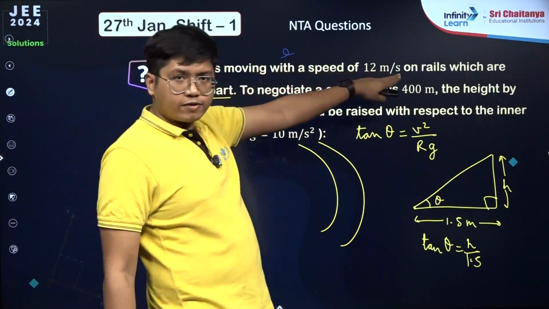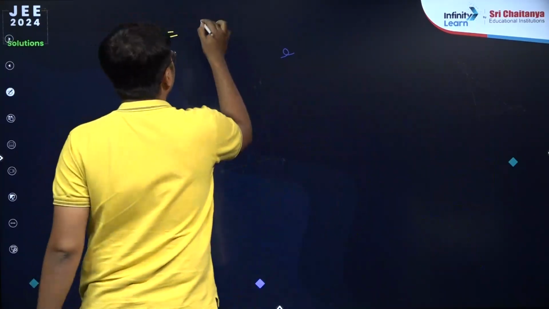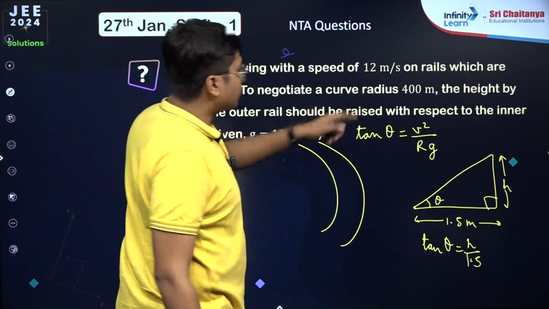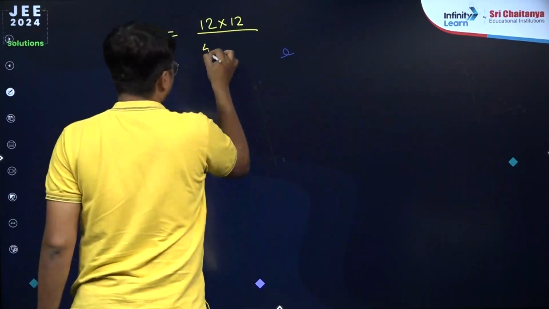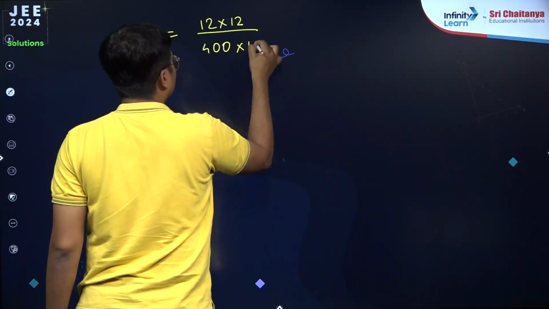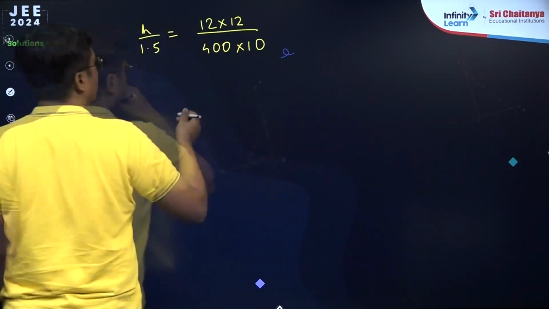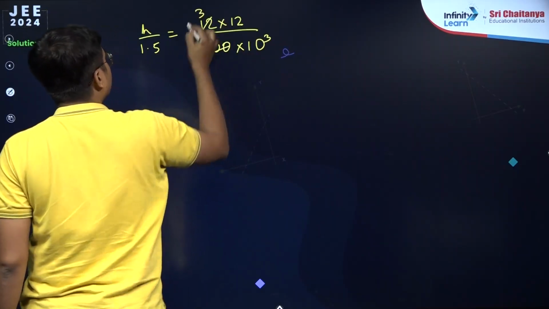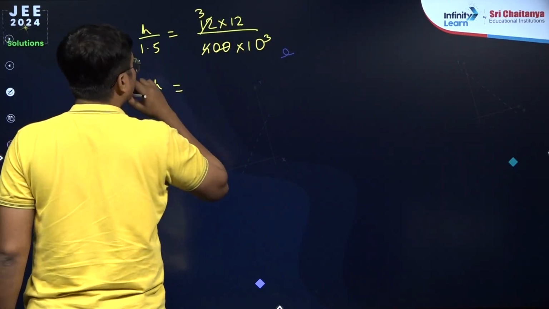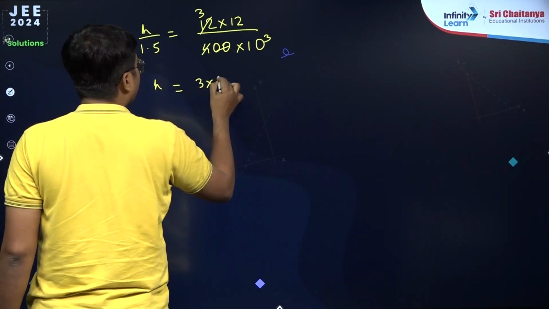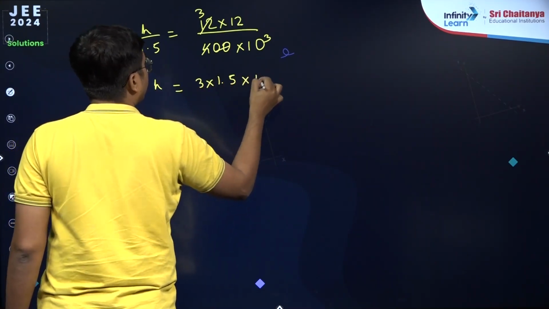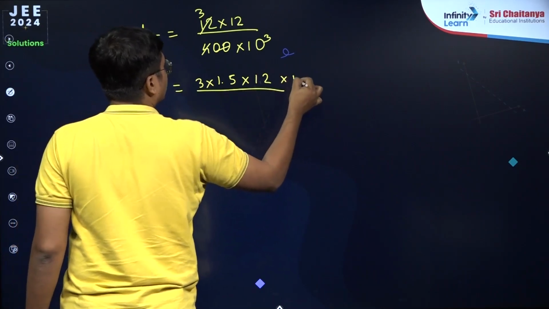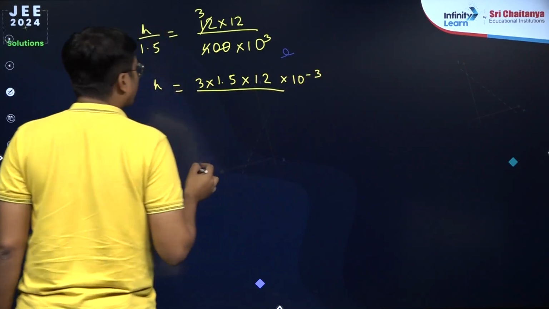V square is 12 square, 12 into 12, by rg, r is 400 into g is 10. I believe put it as 10 to the power 3 here. This 4 takes out a 3 here. So h comes out to be 3 into 1.5 into 12 into 10 to the power minus 3.